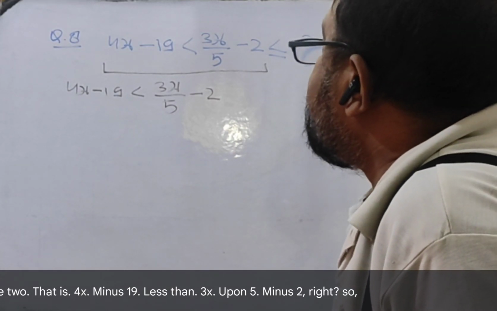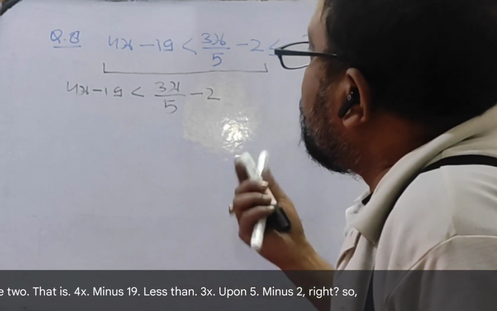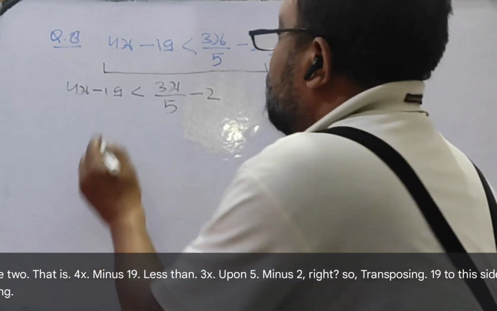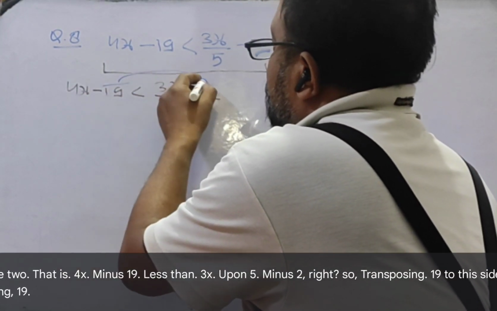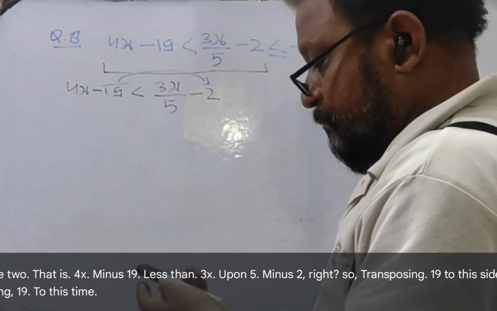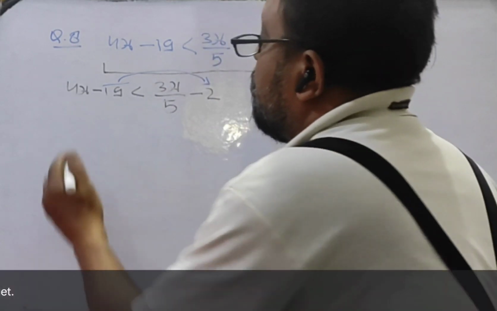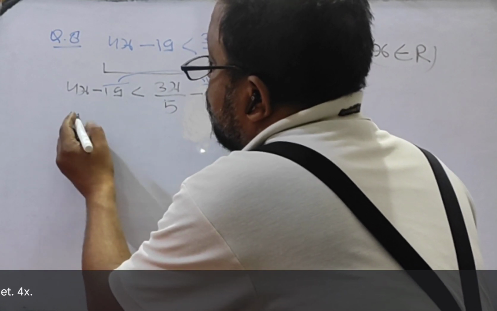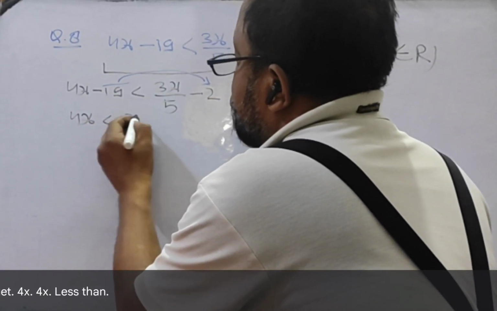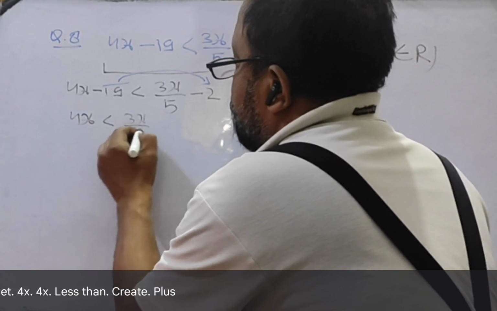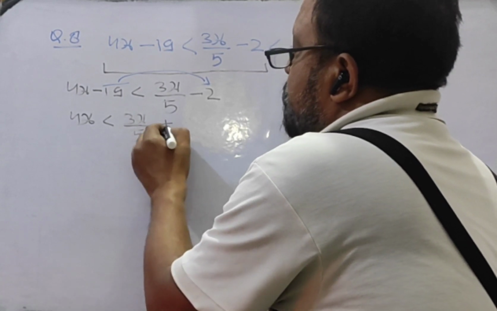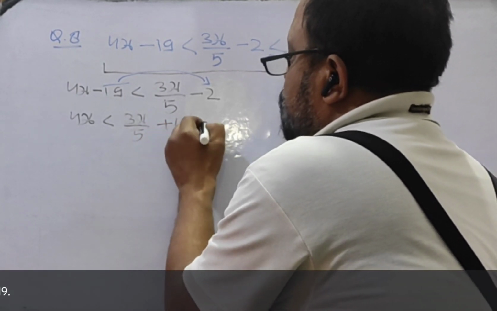So transposing 19 to this side, we get 4x less than 3x upon 5 plus 19 minus 2.